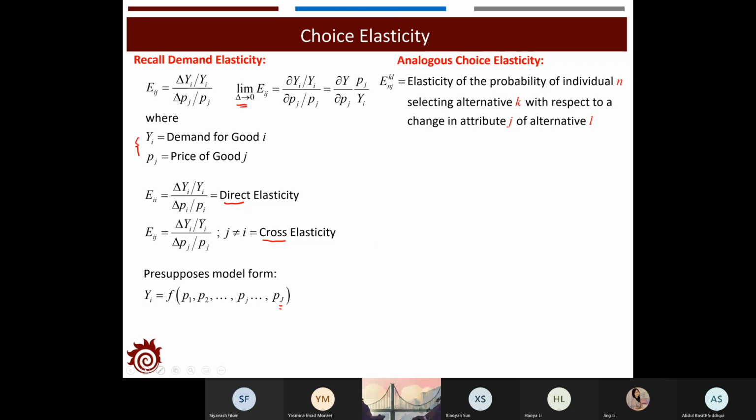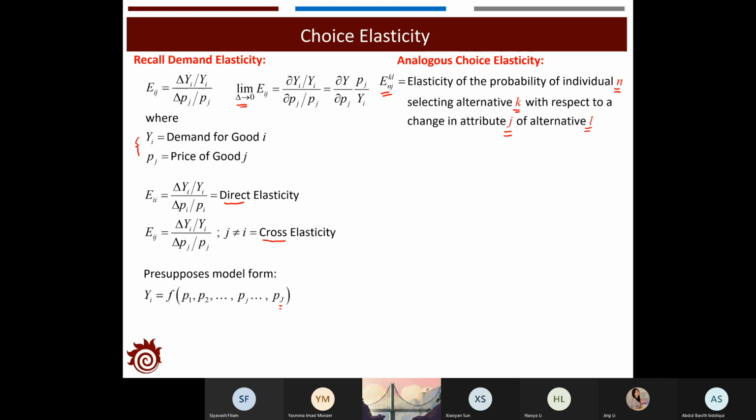Assuming here we use a variable e_njkl to represent the elasticity of the probability for the specific individual n to choose the alternative k with respect to the change in the attribute j of the alternative l. So this is a general case.